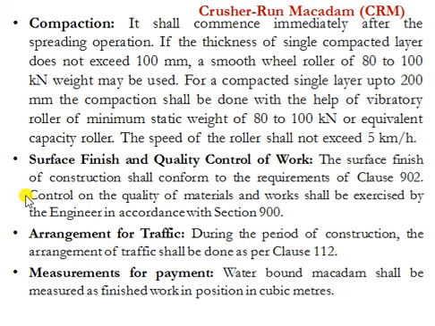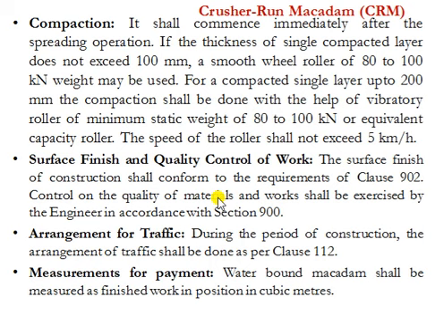So after compaction, the next stage is surface finish and quality control of work. The surface finish of construction shall conform to the requirement of clause 902. Control on the quality of materials and works shall be exercised by the engineer in accordance with section 900. Here also the surface finish and quality control specification is same as the previous two granular pavements.